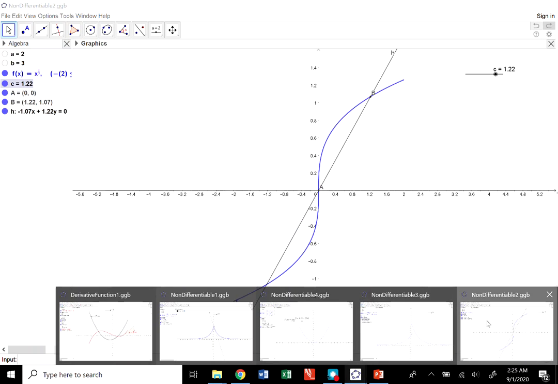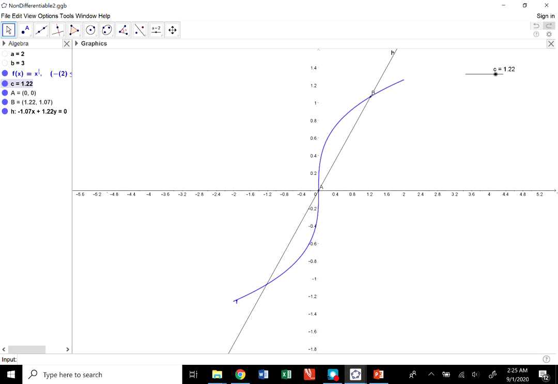Let me look at another way the function wouldn't be differentiable. Okay, so this is the graph of a function. Once again, my question is: is the function differentiable at A? What do I need to do? I need to draw a tangent and look at what the slope of the tangent is at that point, and I'm done. Right?